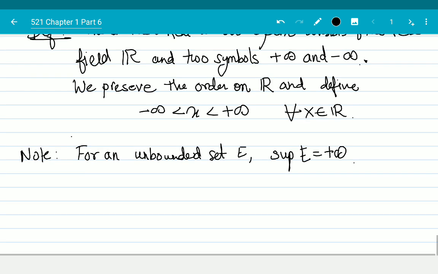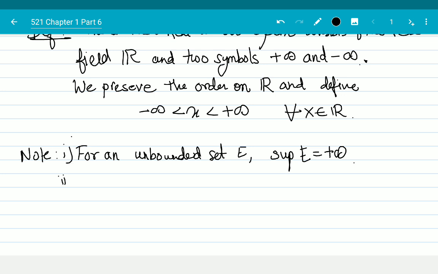Okay, now the extended real number system is not a field.